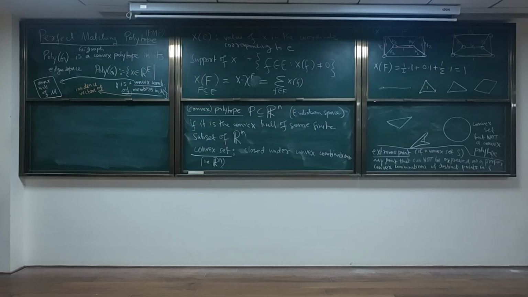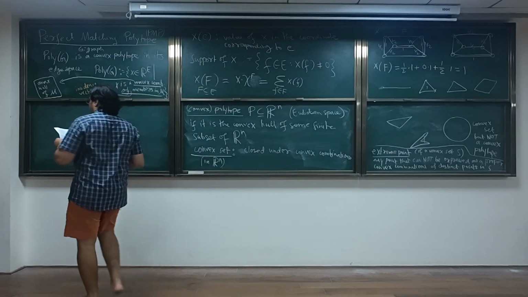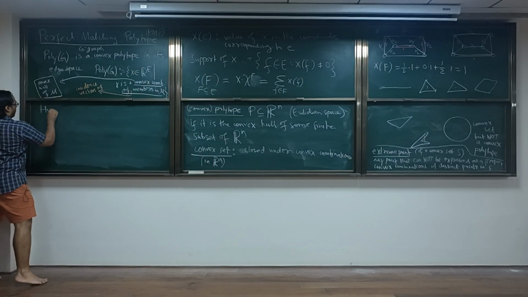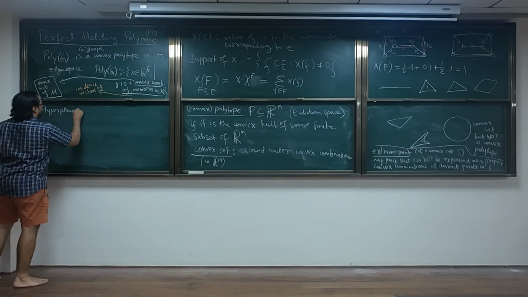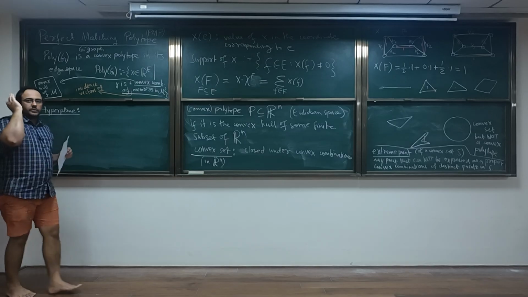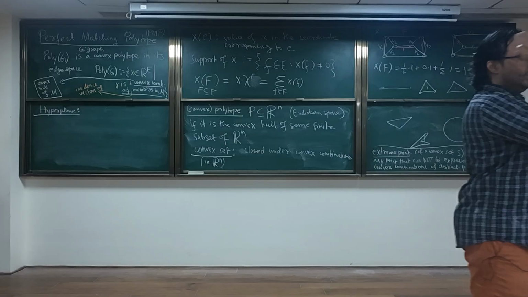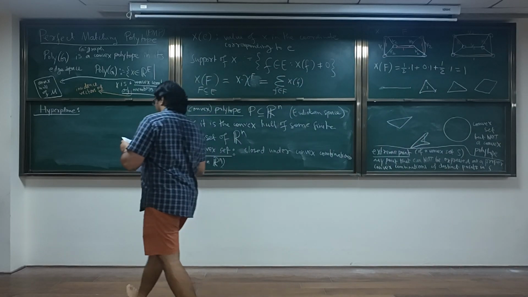But before we state the Minkowski-Weyl theorem, let me just go through some basics related to linear inequalities. So, what's a hyperplane? Well, in R^2 it is very easy. Take any linear equation, its set of solutions is basically just a line in R^2. Right? And now we generalize it.